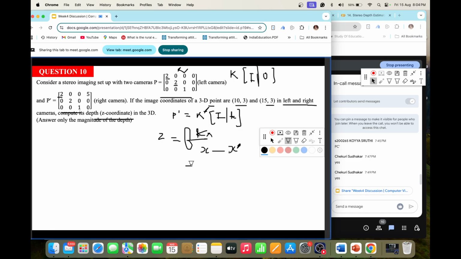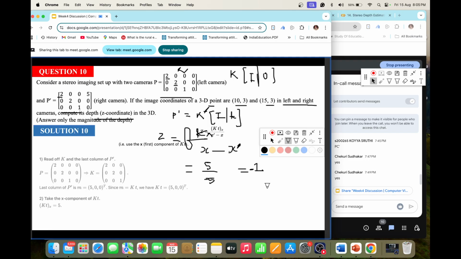So your answer will be 2 into 5 by 2, that is 5, divided by 10 minus 15, that is minus 5. And we know that the distance or depth cannot be negative, so it will be 1. So 1 will be the answer.